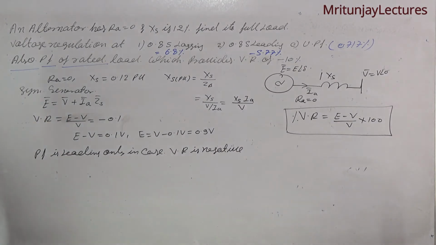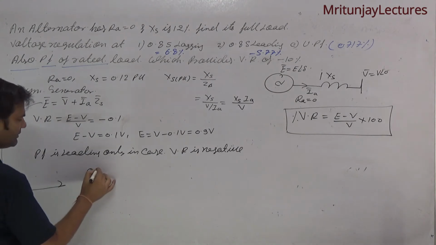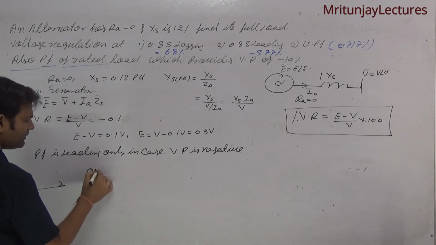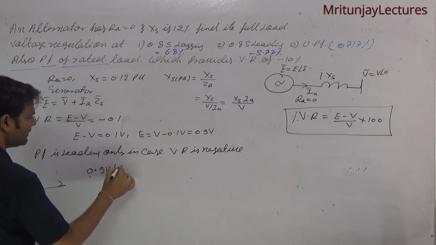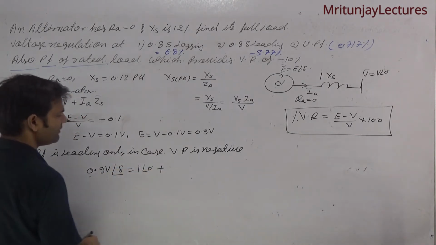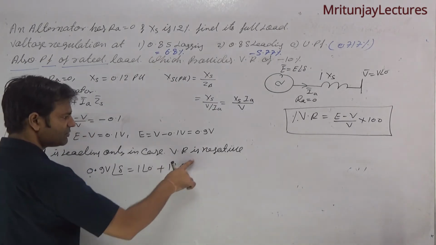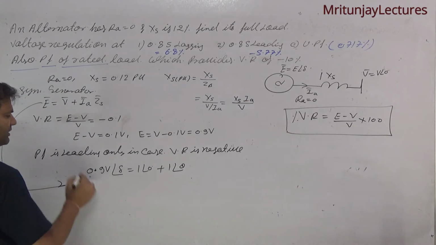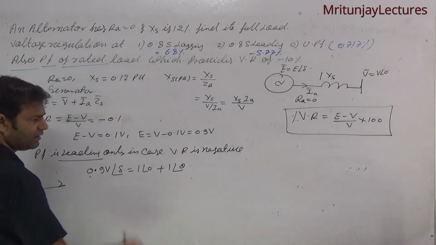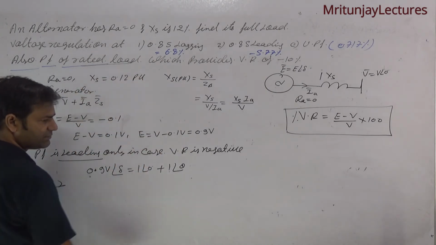Now if you follow this method, then you can put 0.9 V at the angle delta equal to 1 at the angle 0. And what about IA? IA is 1 at the angle plus theta. Why plus theta? Because negative voltage regulation means leading power factor. Rated load means current is 1 ampere.